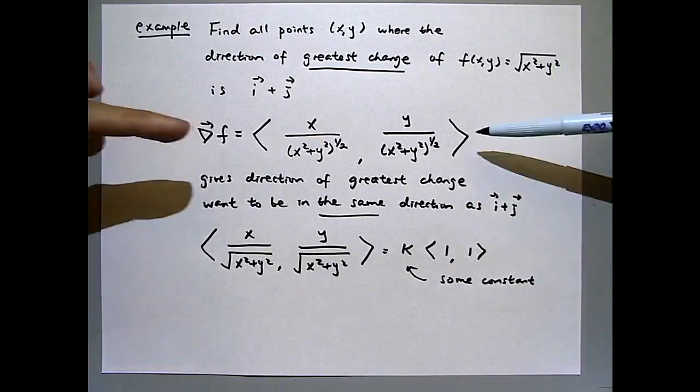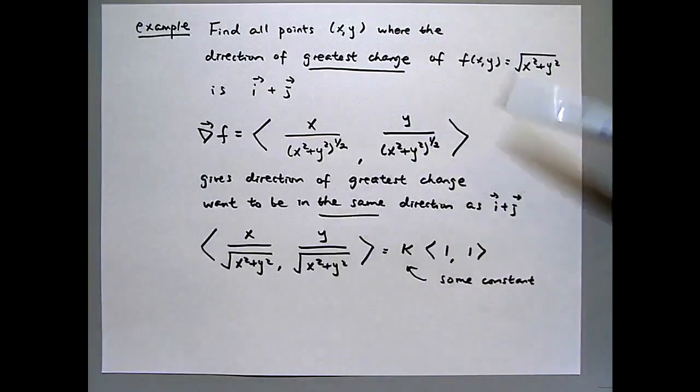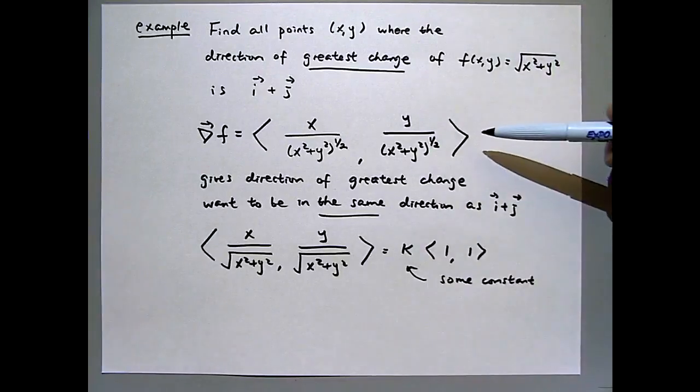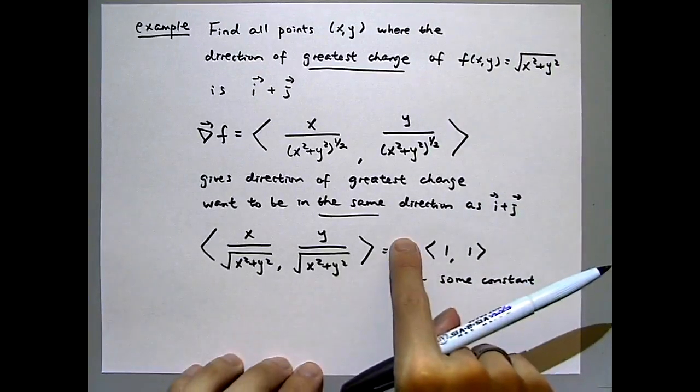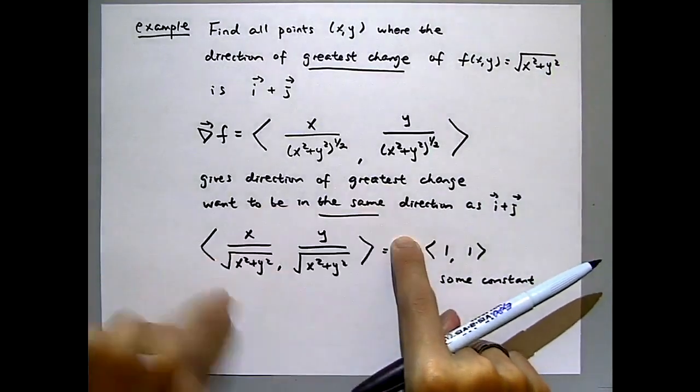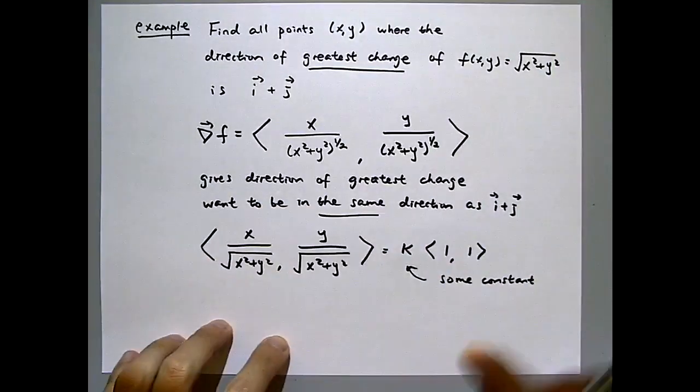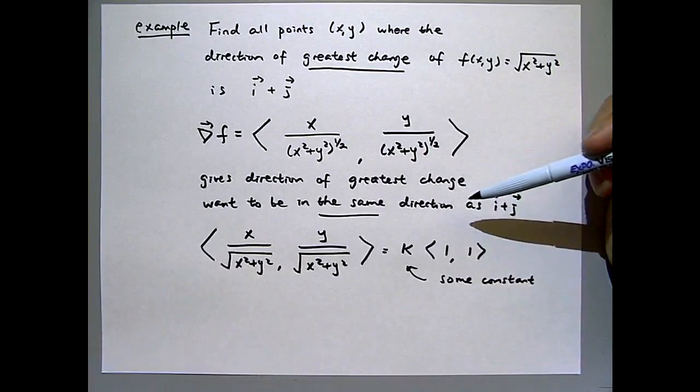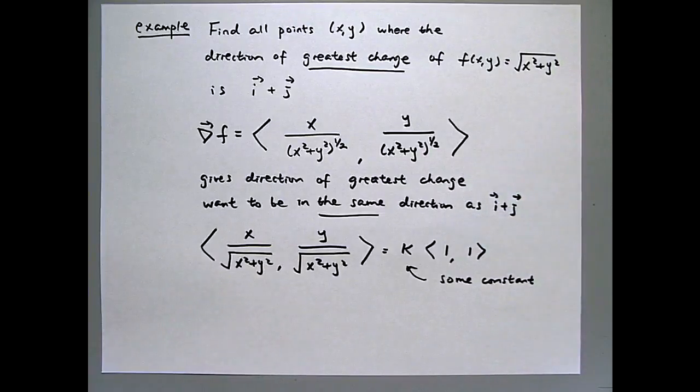This gradient vector has a magnitude that's changing at all points, so we can't just say they're exactly equal. We want them to have the same direction, but not necessarily the same length. That's why this k is in here to adjust for that.